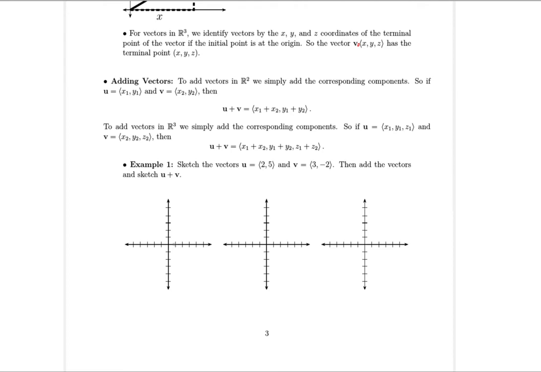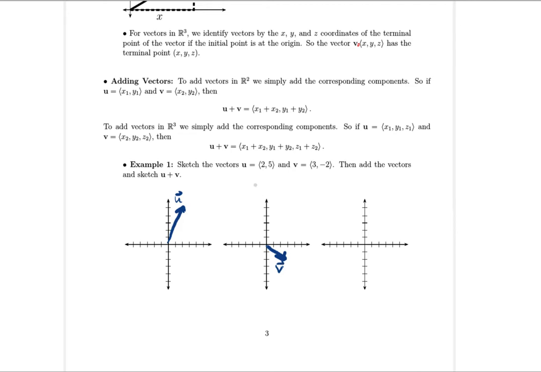So I can sketch u starting at the origin, and I'm going to go over 2, up 5. Okay, there's my u. And then my v is going to go over 3, down 2 from the origin. Here's my v.